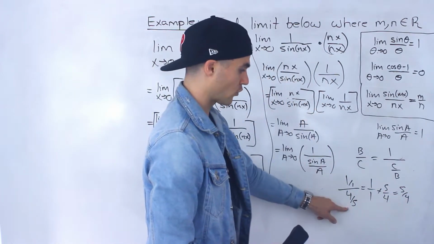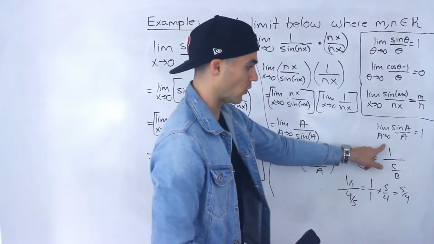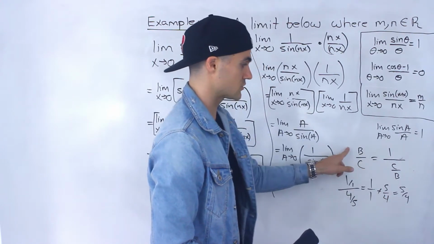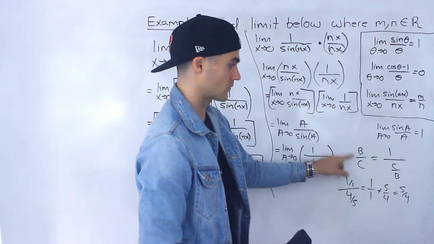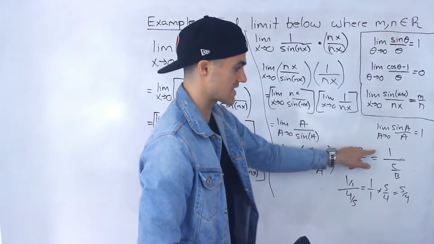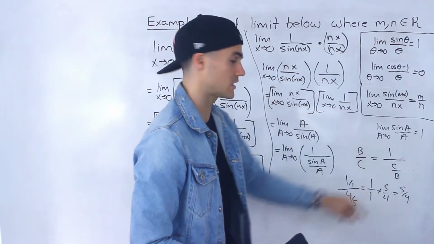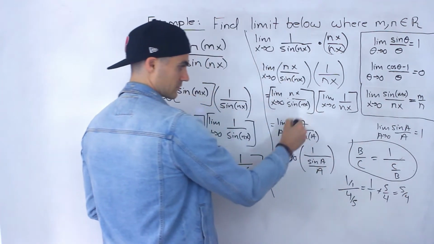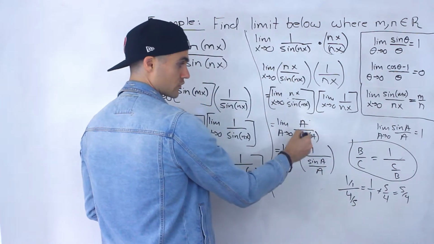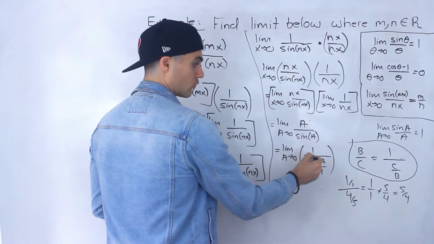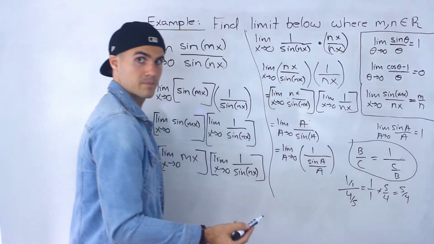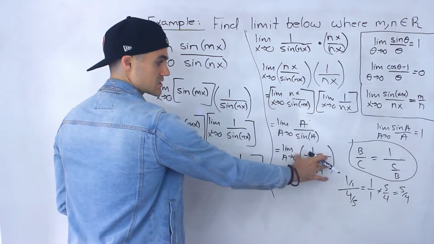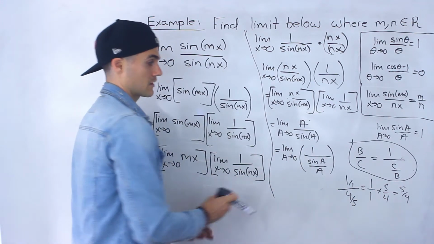So 1 over 4 over 5 is equal to 5 over 4. So 1 over c over b is equal to b over c, or vice versa. b over c is the same as 1 over c over b. So we're just applying this here, right? Just change this to be that. They're the exact same thing.